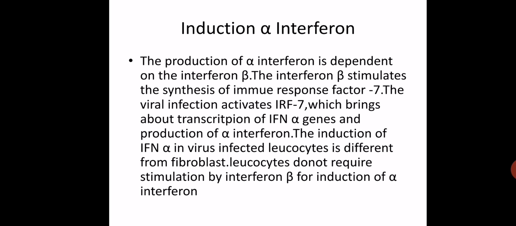But here, leukocytes, which are white cells, are producing interferon, and their stimulation does not require the help of beta interferon for producing alpha interferon. So they can, on their own, produce alpha interferon. They are not dependent on beta interferon.